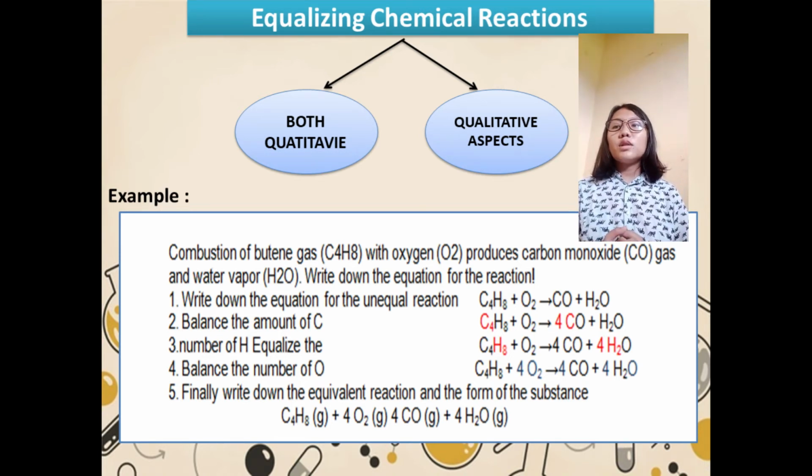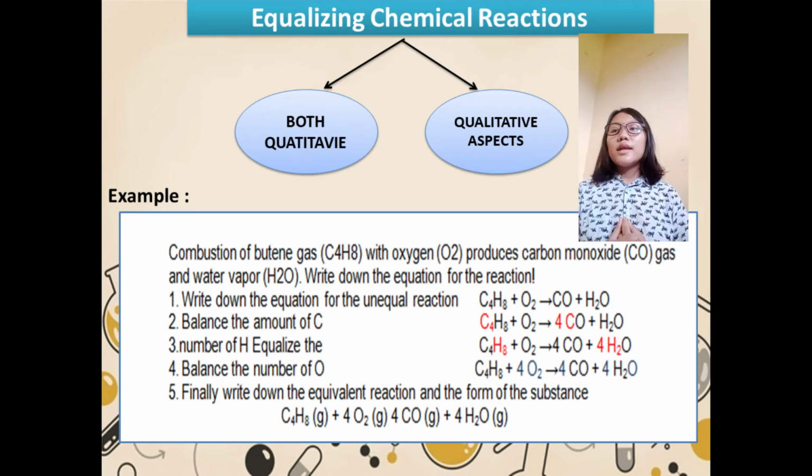Combustion of butane gas C4H8 with oxygen O2 produces carbon monoxide, CO gas, and water vapor H2O. Write down the equation for the reaction. So, 1.